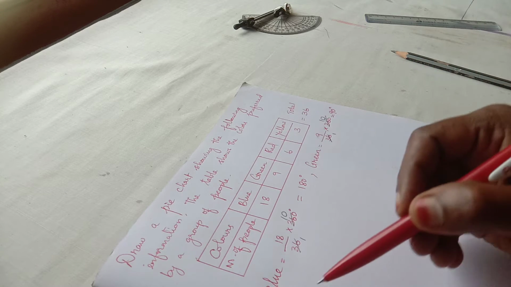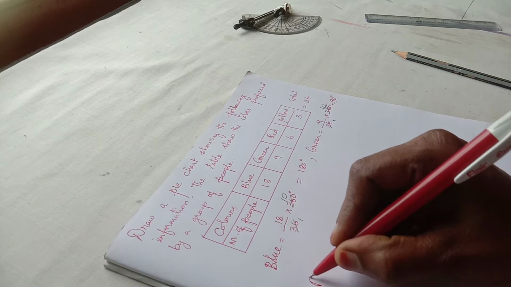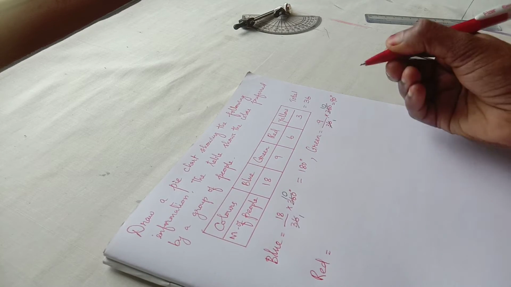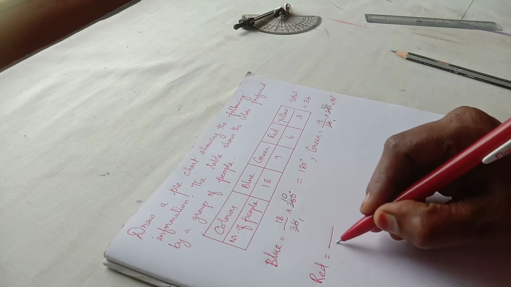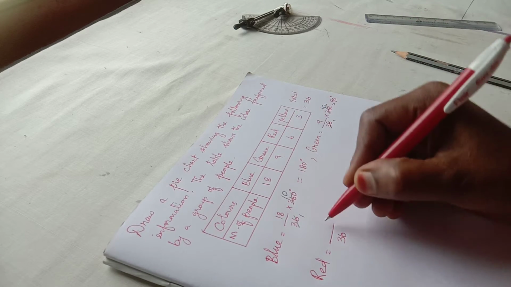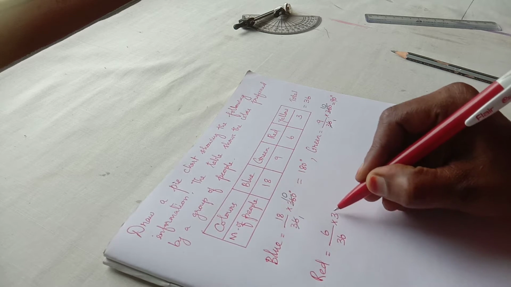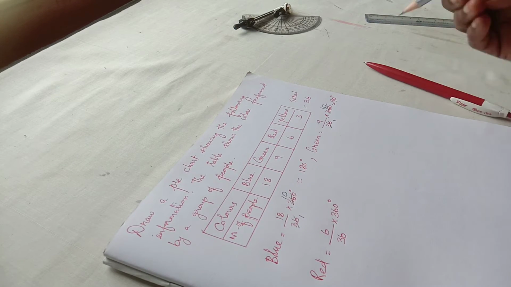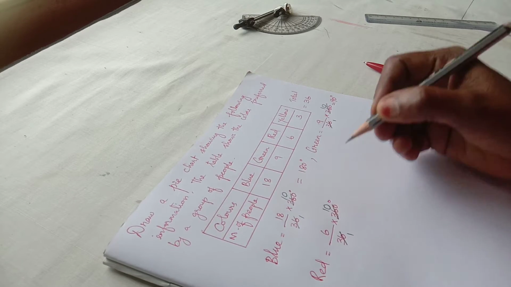Like that we are going to find for red also. As usual, what is the denominator? Total number of people, 36, and for red, 6 people. Multiply the fraction by 360 degrees. So 36 ones are 36 and 10 times.